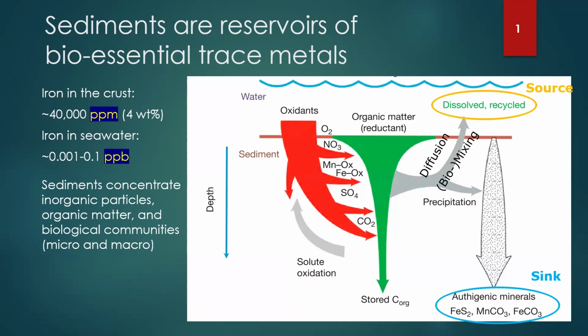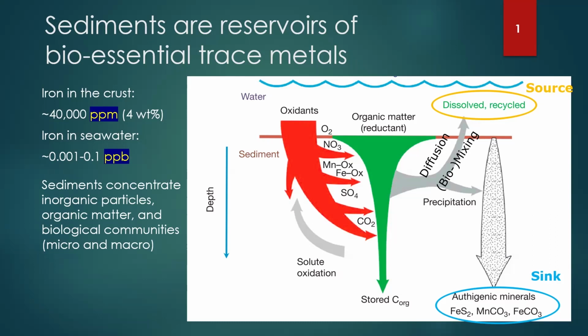And we had a couple of beautiful talks about sediment biogeochemistry and the redox ladder and all that stuff. So I'm going to skip over this a bit, but I just want to remind you that sediments concentrate inorganic particles, for example, that are rich in iron, and organic matter. And there's also a really rich biological community there. So there are just a lot of reactions that happen in sediments.